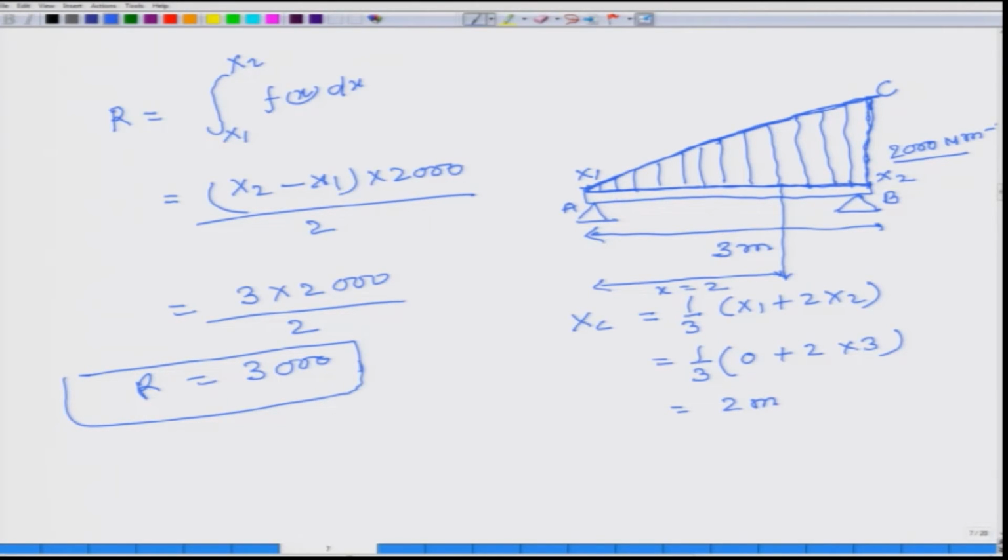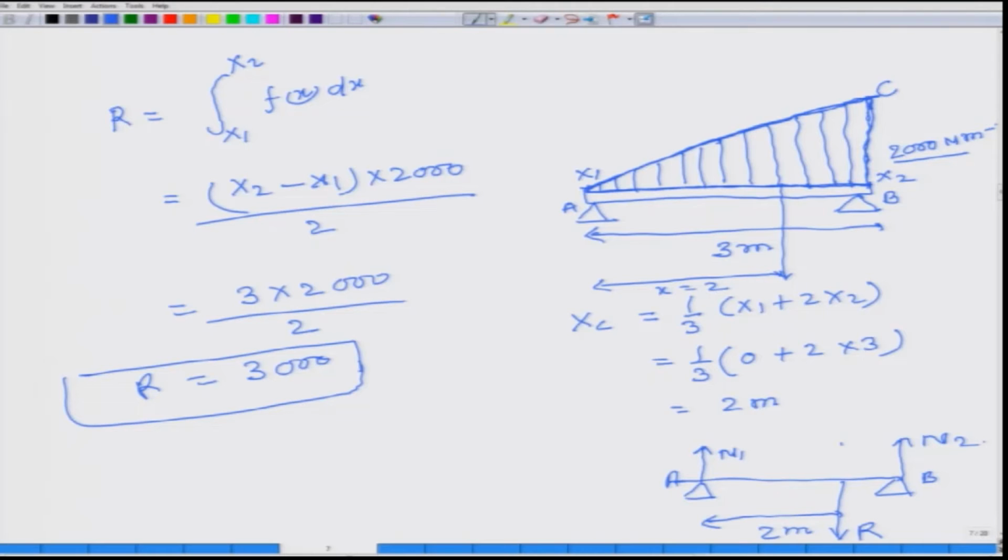So, if the load is acting at 2 meter, let me make a diagram for this. So, these are our supports, this is load which is at 2 meter away, this is R, this is A, this is B, this is my normal reaction N1, this is N2, right.